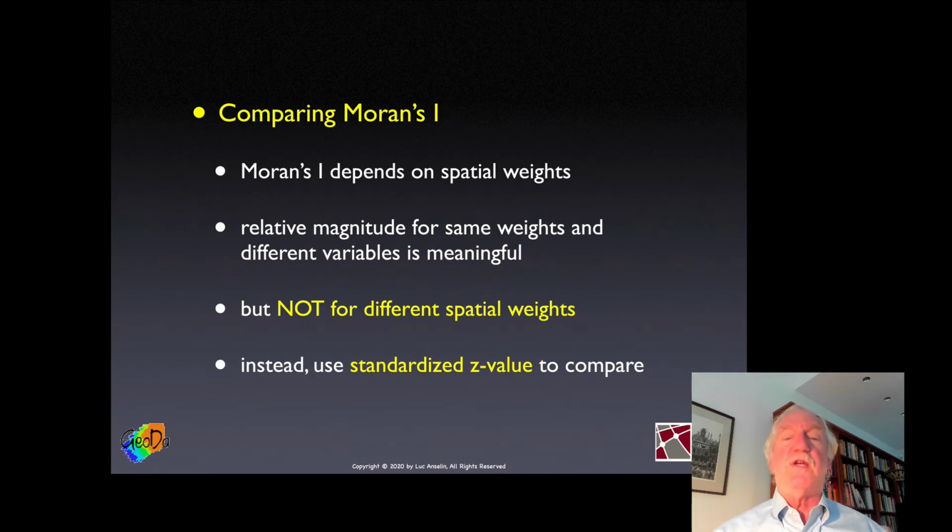But what you always can compare is the standardized z-value. So when you do your assignments, when you do your analysis, and you are assessing whether one or another variable is more spatially correlated, don't look at Moran's I as such. Always focus on the standardized z-values. Those are the only statistics that are comparable across variables and across weights.